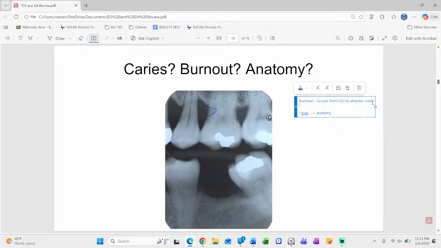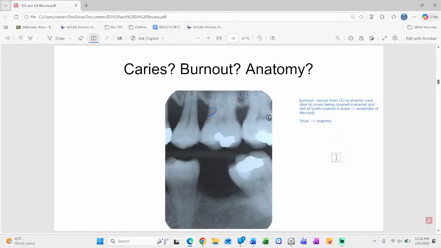Because the crown is covered in enamel, big dense enamel, and the rest of the root is covered in bone, right? And that little piece in the middle is just tooth, just what's remaining of the root there. So you've got big, heavy, dense enamel around the crown, and you've got root and bone for the rest of the tooth. Burnout only happens between CEJ and crest of bone when we have it.